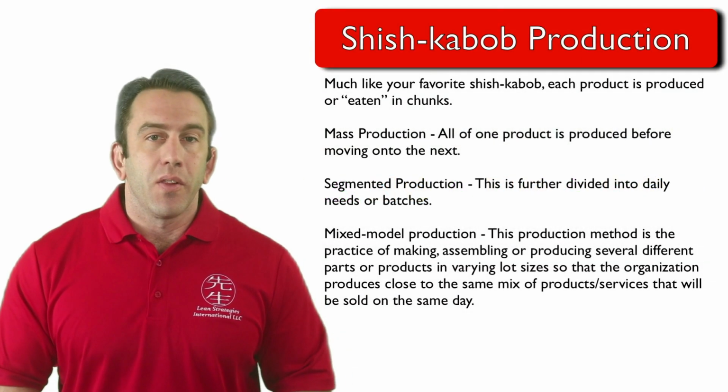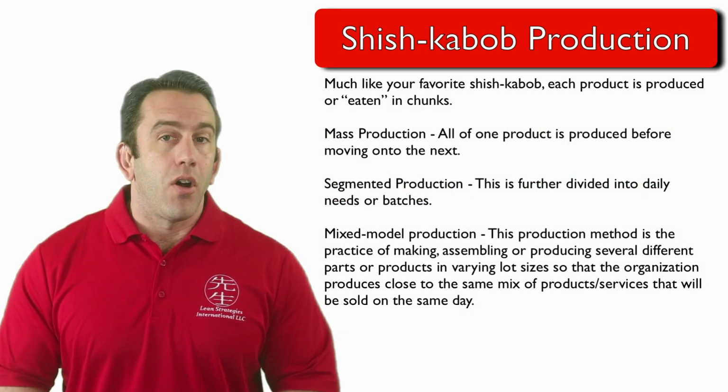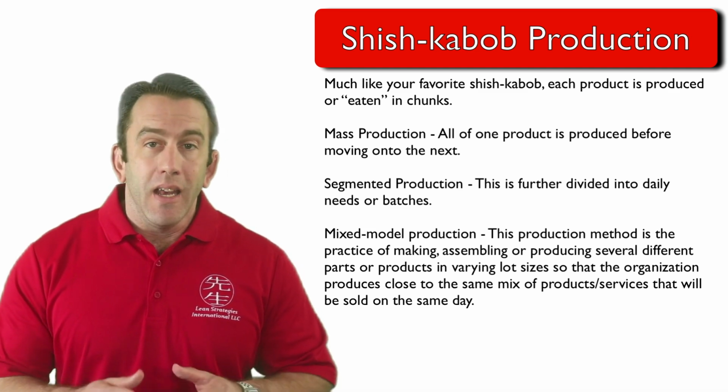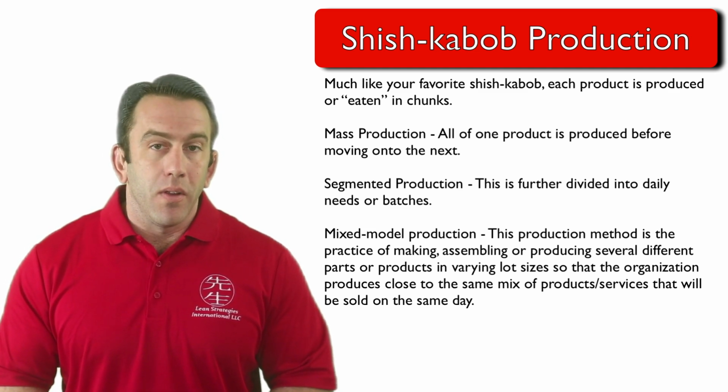This ensures that the quantities that are produced are smooth, level, and in proper repetitive sequence. In later modules, we'll also discuss the rate at which products need to be produced to keep things level. Remember, leveling is fundamental to both just-in-time production and pull systems. We'll see you in the next module.